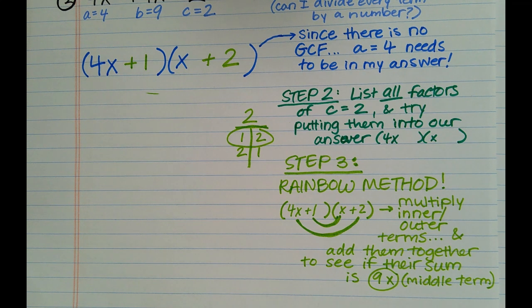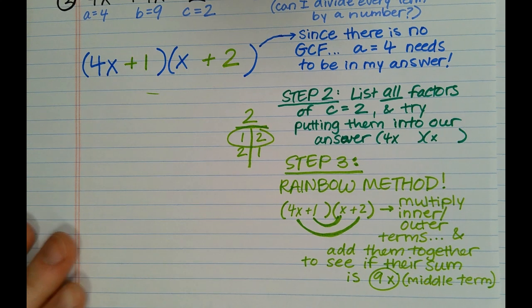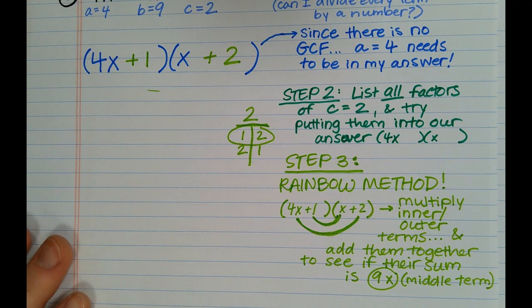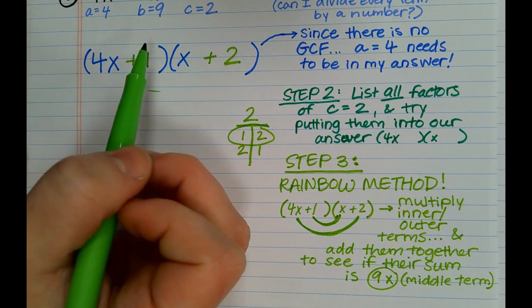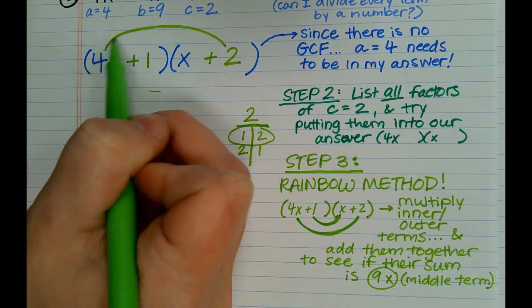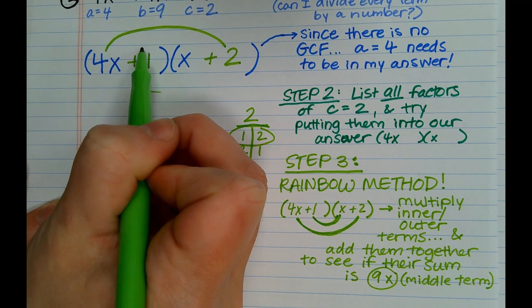So let's check these. Okay, I'm going to draw my little rainbow over here. I'm going to be multiplying 4x times 2.